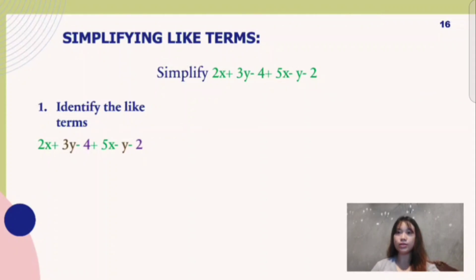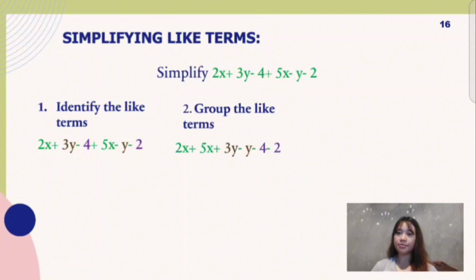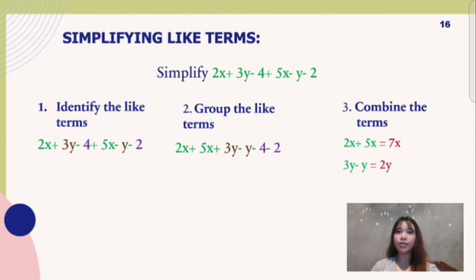The next thing that we do is to group these like terms. You just need to place them accordingly, as you can see in the slide. Next is to combine these terms. 2x plus 5x equals 7x. We also have 3y minus y equals 2y. Why 2y?